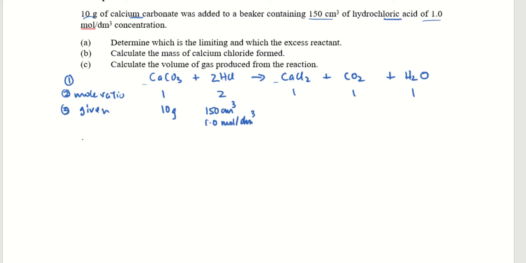So let's calculate moles. First of all, for calcium carbonate, how many moles of calcium carbonate will be there? We use the formula mass over Mr. We know that there's 10 grams of calcium carbonate given, divided by the Mr of calcium carbonate.